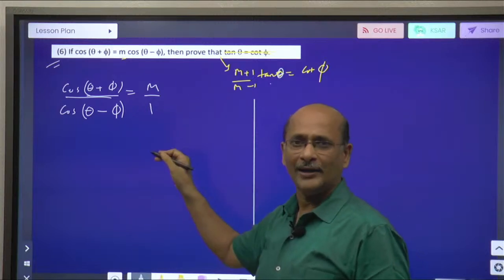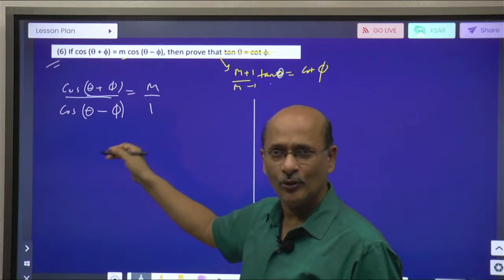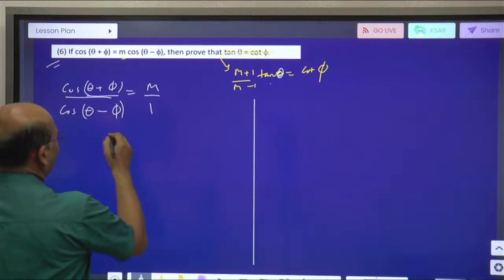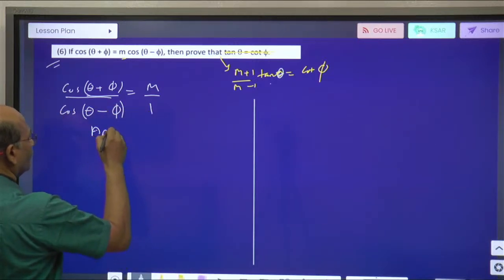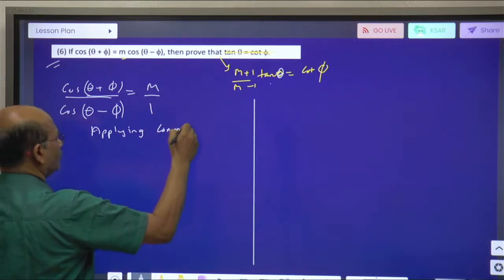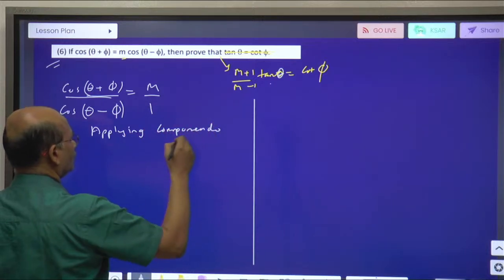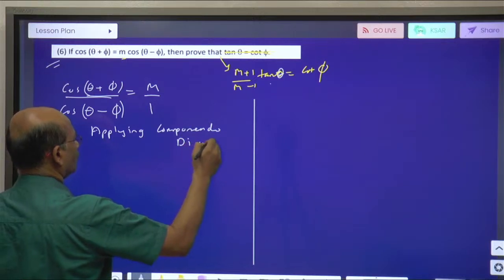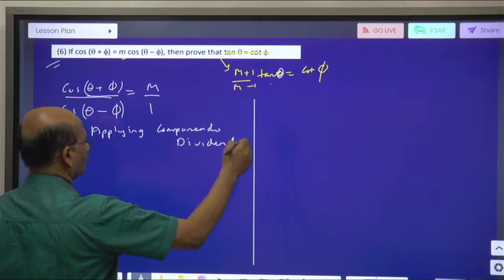So can you do that applying componendo dividendo? You remember. So applying componendo dividendo, what will happen?